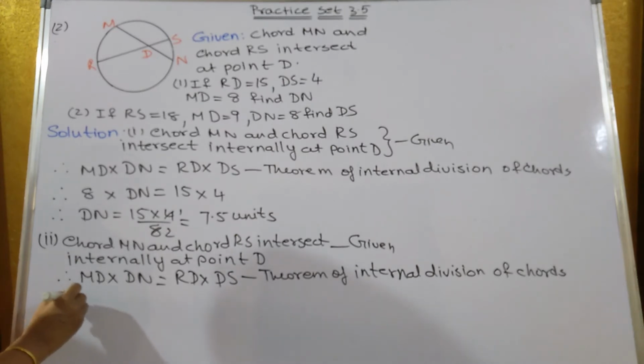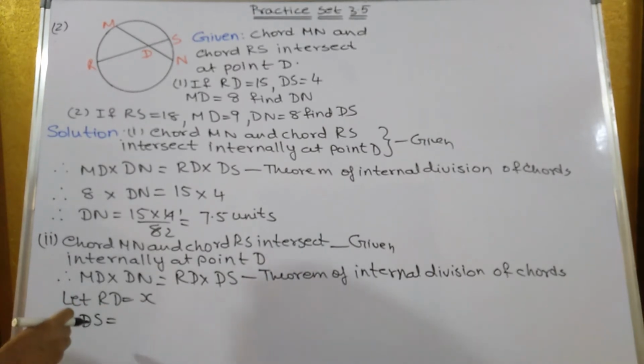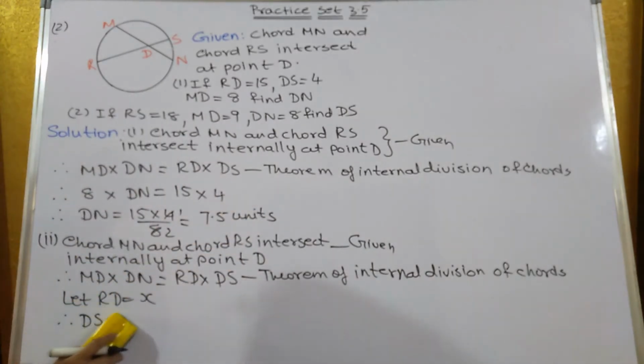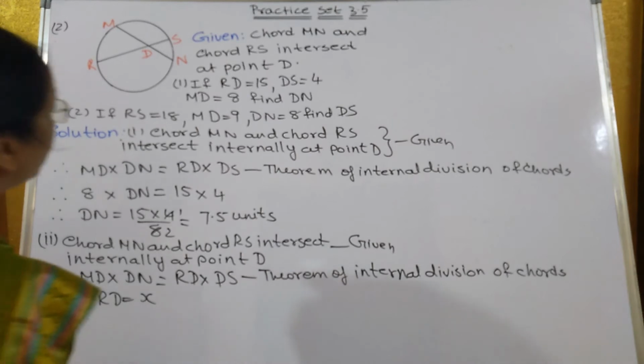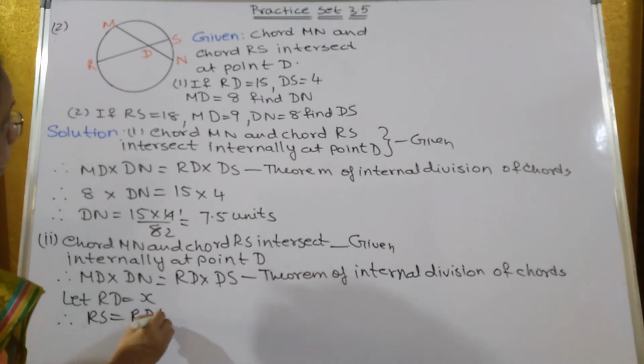Let RD be equal to X. So what is DS? Therefore, DS will be equal to what? The full thing is made up of what? RS. RS is equal to RD plus DS.